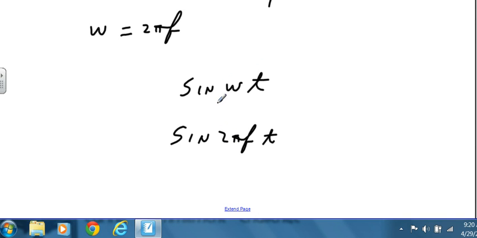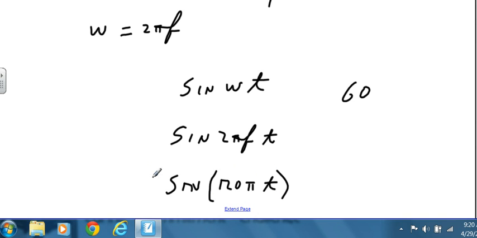So we have 60 hertz power going to our houses, right? The AC is 60 hertz. Well, that's a sine wave. Sine wave 2 pi 60, 120 pi t. So if I look at the voltage going to your house, and I say it's a sine wave, then it's in the form of sine 120 pi t.